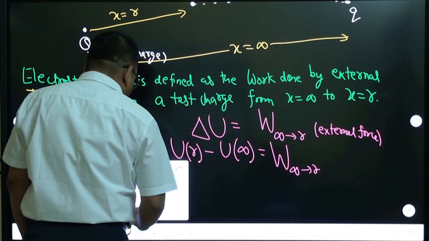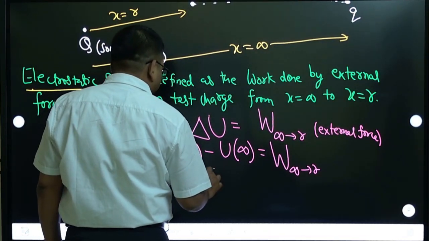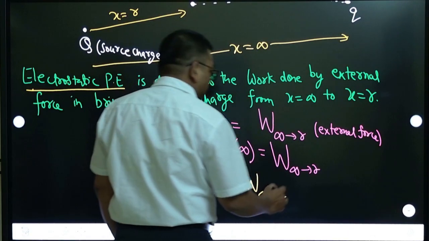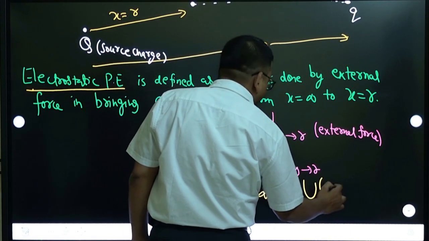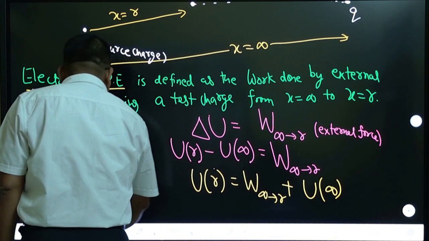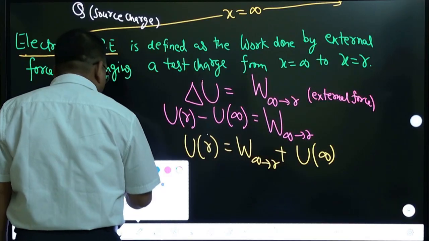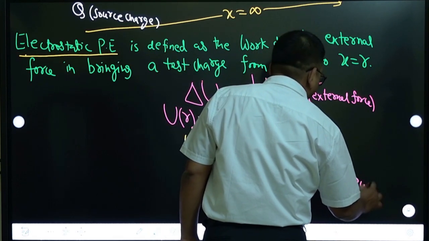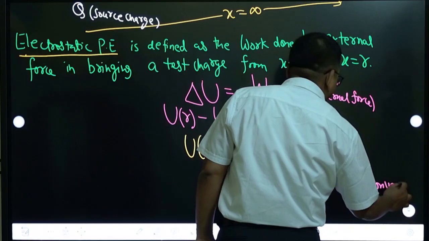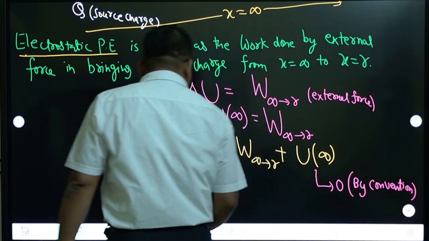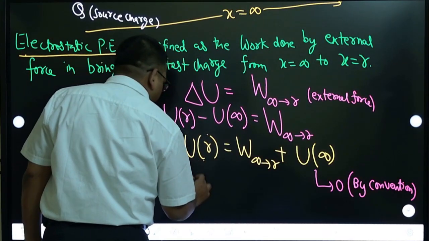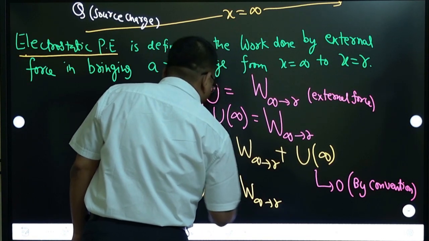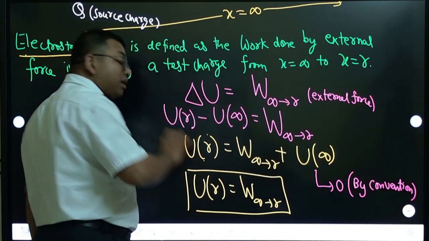The potential energy at a location will be the work done in bringing to that location plus the potential energy at infinity, but by convention we choose potential energy at infinity to be zero. Then the potential energy at that location is nothing but the work done.